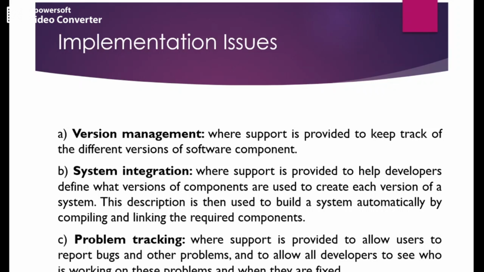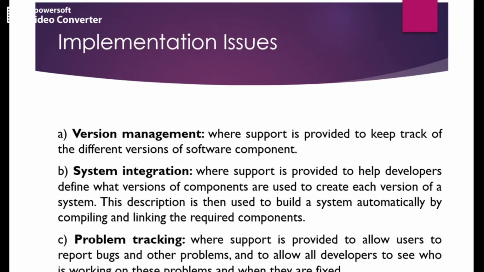Next one, system integration, where support is provided to help developers define what versions of components are used to create each version of a system. So here you have the software, different versions also you have, but the developers need to install it on their system and they need it for their code, isn't it?